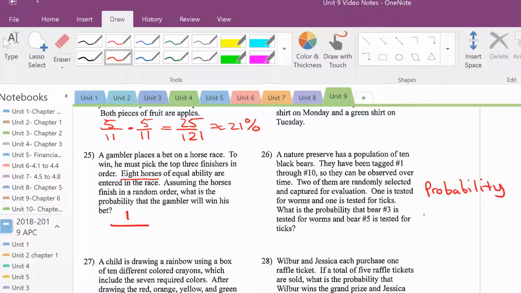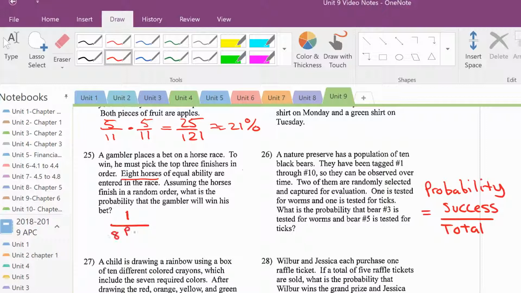Because remember, probability, as we've been talking about, is successful outcomes over total outcomes. So right now there's only one successful outcome, but how many total ways can 8 horses finish first, second, or third? That is a permutation.